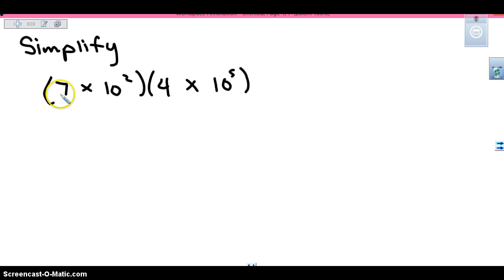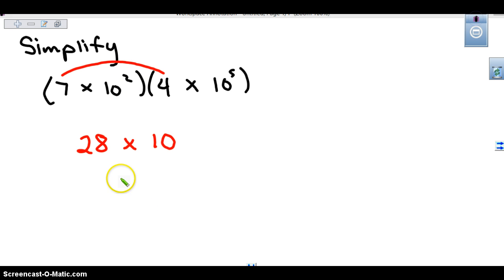We're multiplying numbers in scientific notation. We would multiply 7 times 4. That would equal 28. And then, isn't this a common base, the 10 with the exponent 2 and the 10 with the exponent 5? So that means we can add the exponent 2 plus 5.